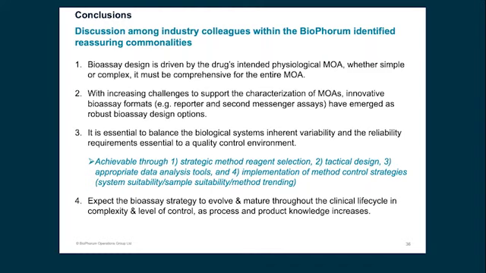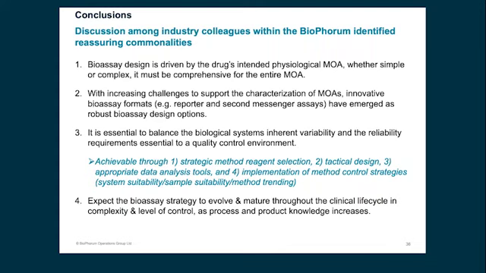And so to achieve a robust assay, we need to think of several attributes of that assay. The choice of method reagents, as was outlined, the choice of cell line, the implementation of reagents, the design of the assay, the replication strategy, the elimination of the edge effect, all come under the tactical design of the assay. And then we have to implement appropriate analytical tools.